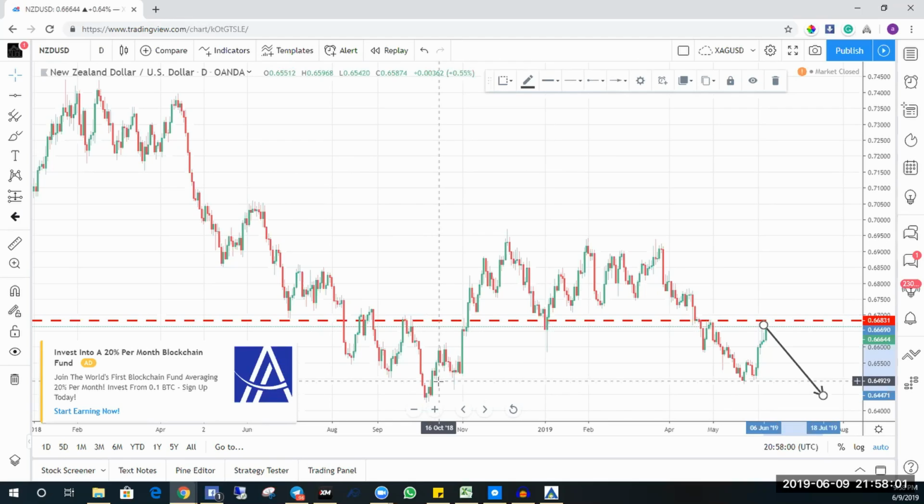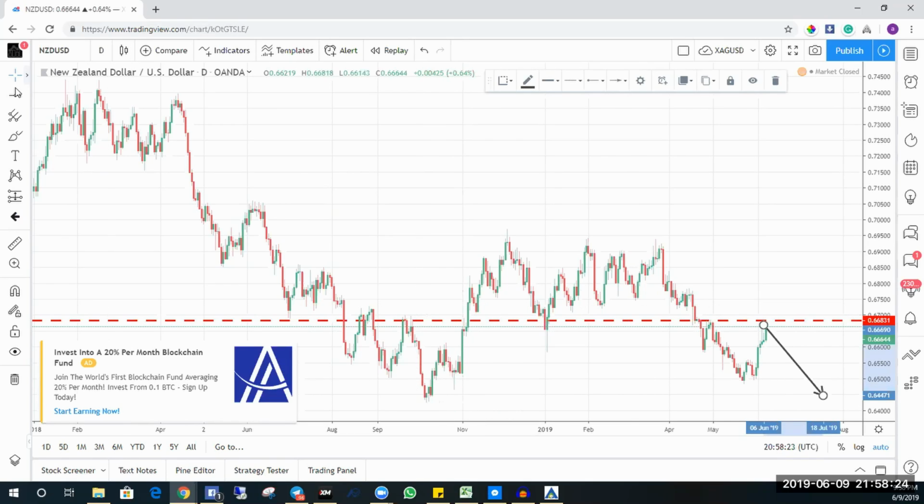Looking at the growth slowing down in China, New Zealand is a strong trade partner with China. Also remember that imports are expected to drop, so that might have a significant impact on the earnings for the New Zealand dollar. So you can see, you can go short.